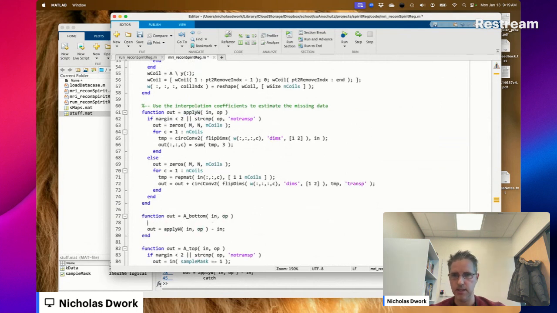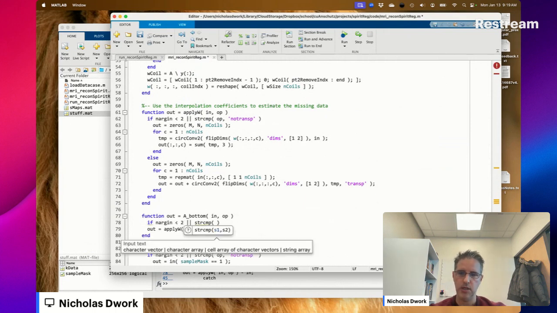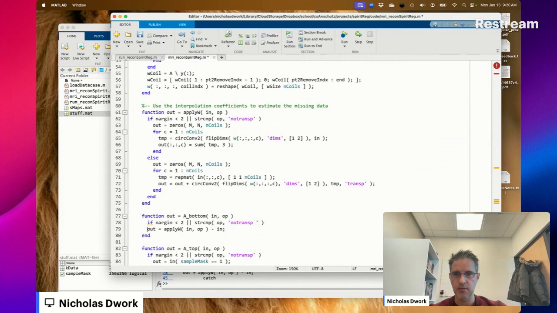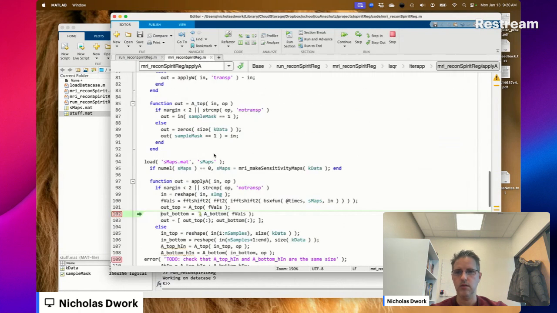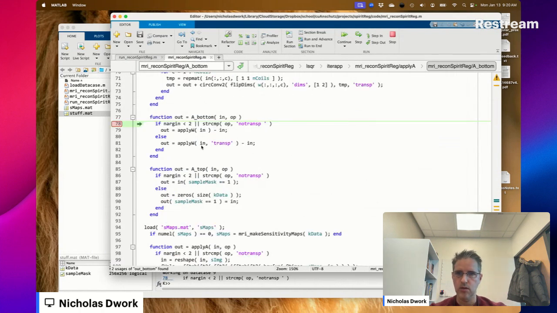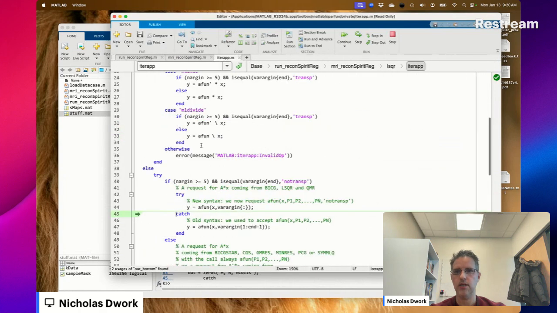This might be because if nrin is less than 2 or string compare the composed op, no transpose, then we do this, else we do this. I wonder if that was it. Yeah, okay.